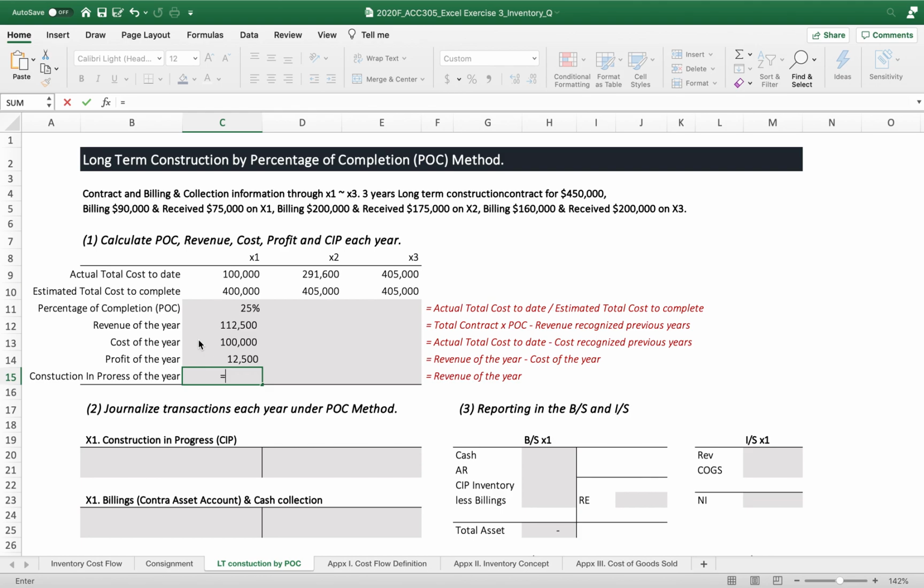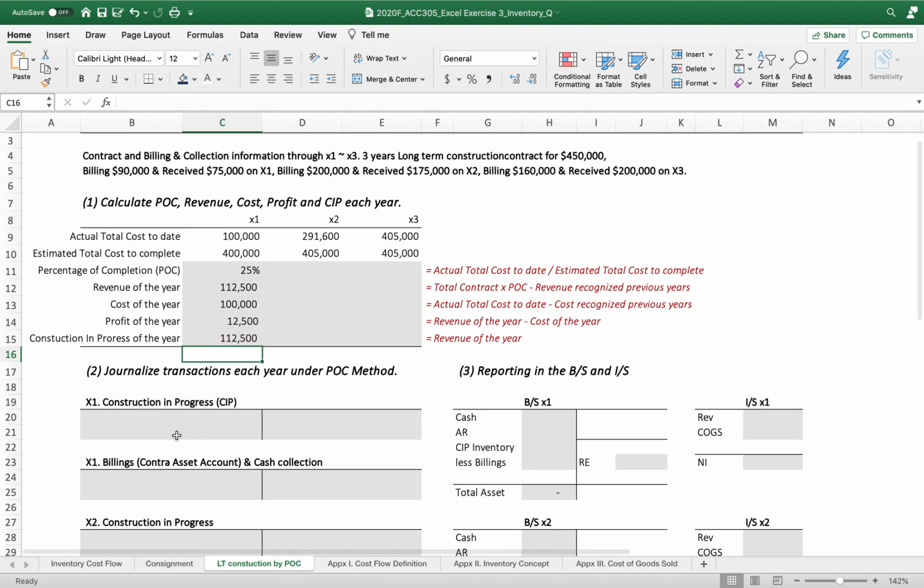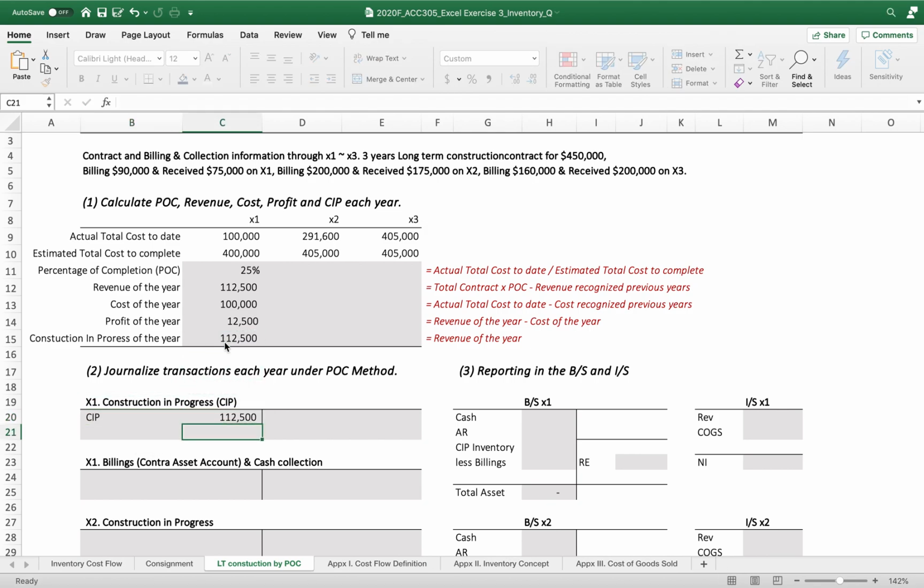So we can just simply use the revenue of the year. So that is the construction in progress of that year, right? And then let's put that schedule into the journal entry. So construction in progress is 112,500, exactly the same value as the revenue the company made that year.